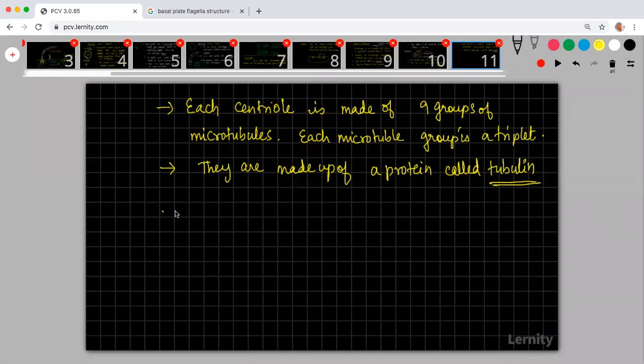The microtubules are arranged in the periphery.